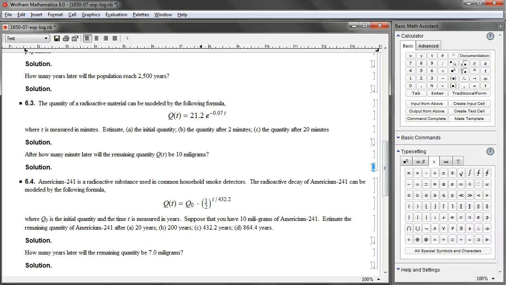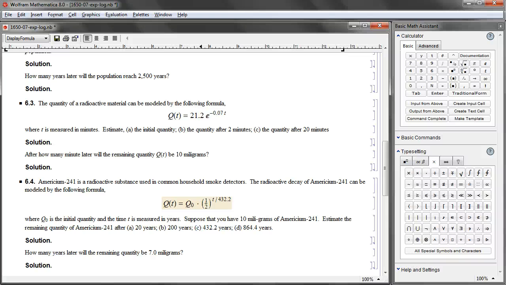Next example is something I like a little bit better, because this one is related to a real substance, and as a matter of fact, I actually dug up all this data. Americium-241 is a radioactive substance used in common household smoke detectors.